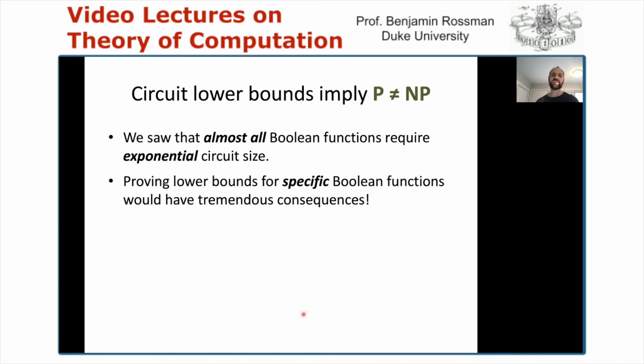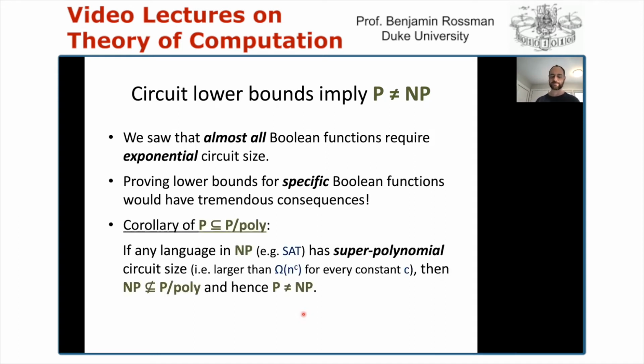So this leads to the observation that circuit lower bounds are a concrete combinatorial way of potentially separating P from NP. We saw that almost all Boolean functions require exponential size circuits. But proving lower bounds for any specific Boolean function would have great consequences.